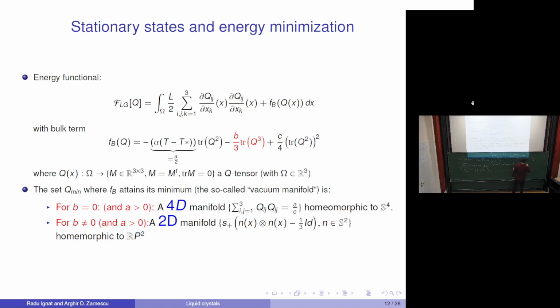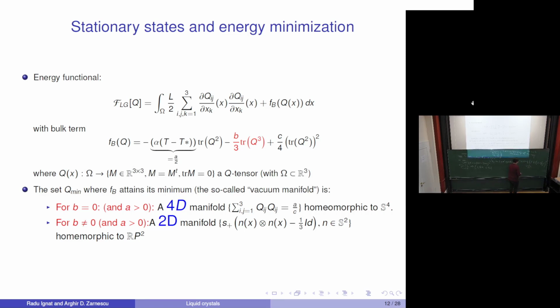It will be something like this, and this is all squared. Then I want to minimize under the constraint that this is traceless, so the sum of these is 0. So let me put here minus this Lagrange multiplier.